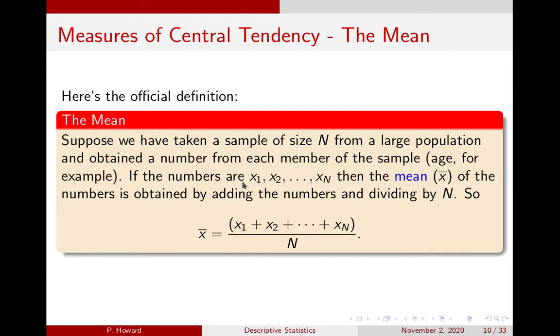So if the numbers are x1, x2, and so on through x sub capital N, then the mean of the numbers is obtained by adding the numbers and dividing by n. So here's a more theoretical description of what we looked at in the example. Note that the usual symbol for the mean is x bar.